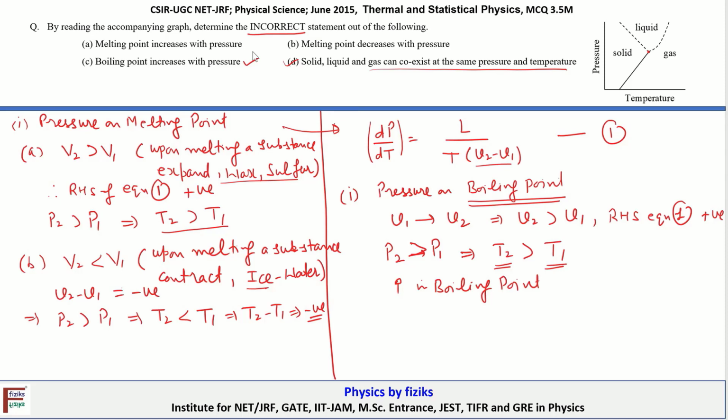Therefore dP upon dT for such a case will be negative, and the melting point of such a substance will reduce.